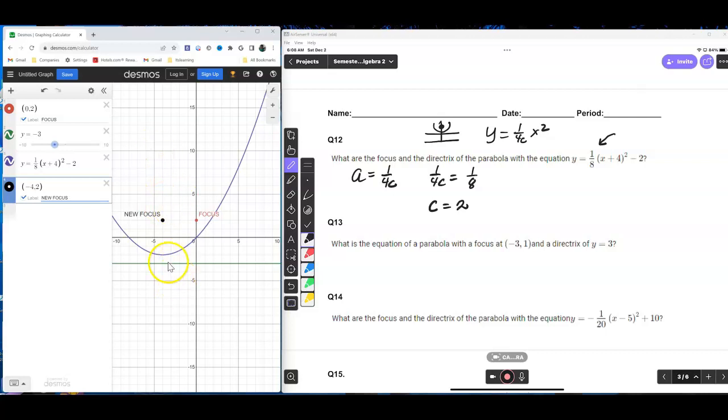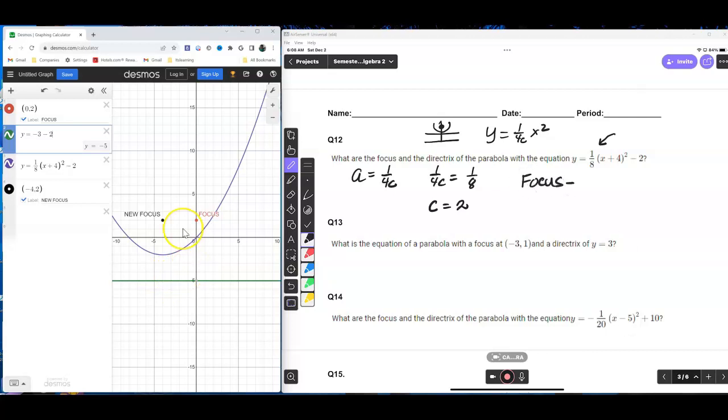Now we've got a problem with the directrix. What I have to do with the directrix is shift it down another 2 units. And there it is. So my new focus is at (-4, 2), and let me label it.